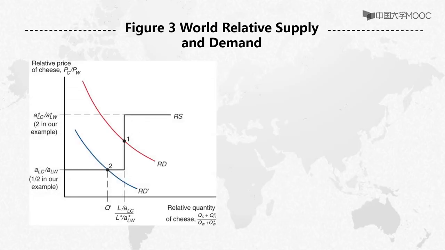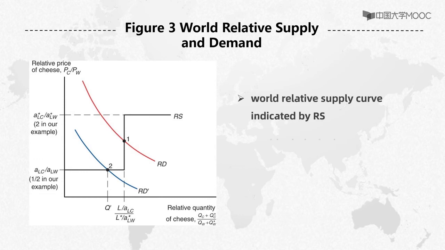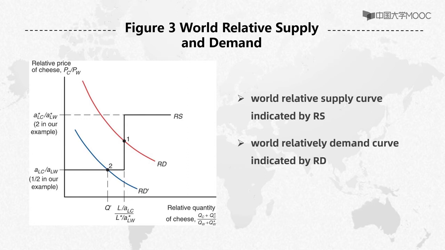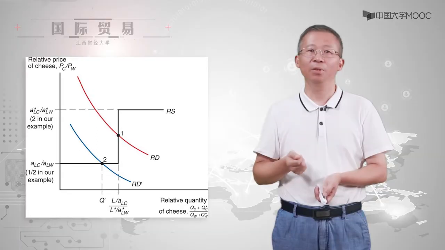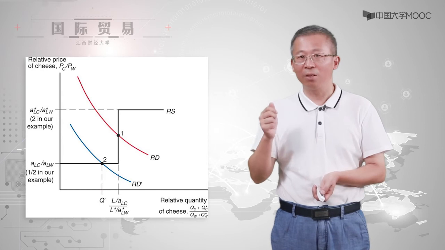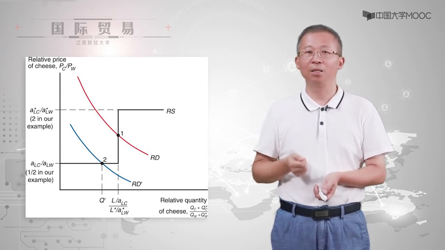What prices will induce international trade to occur? We need to determine the relative price after trade. First, we need to draw the world relative supply curve indicated by RS and the relative demand curve indicated by RD, which is general equilibrium analysis.